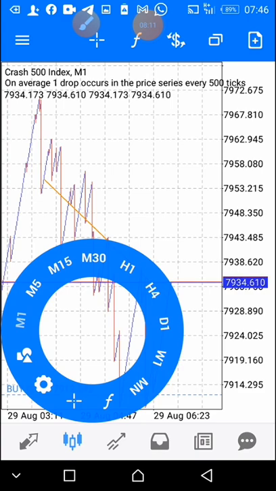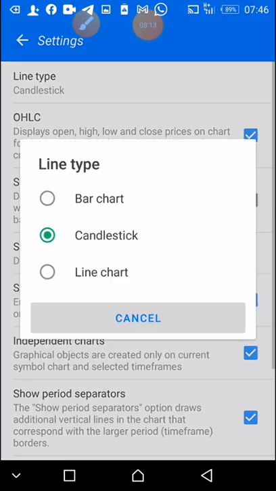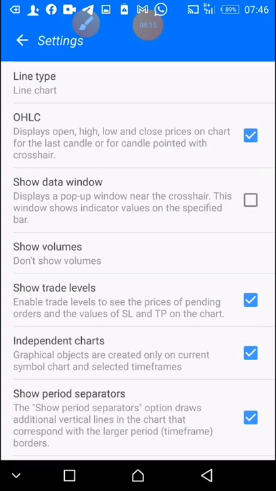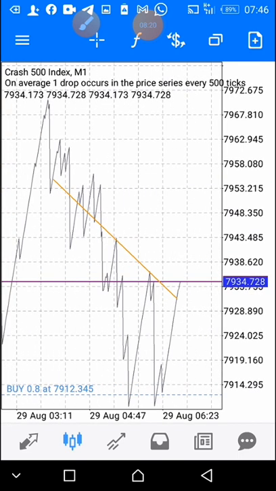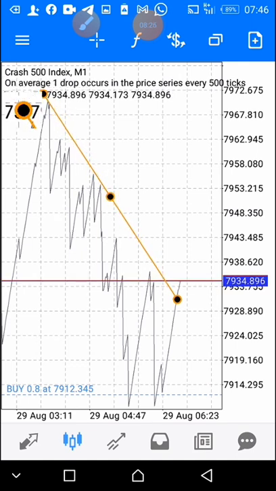Let me bring it down so that you can see it properly, and bring back the line chart here.